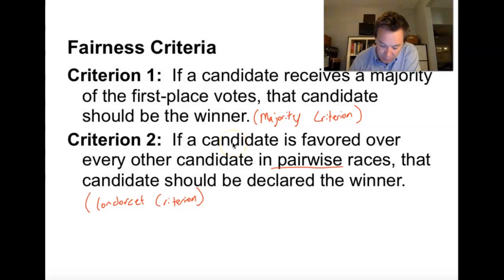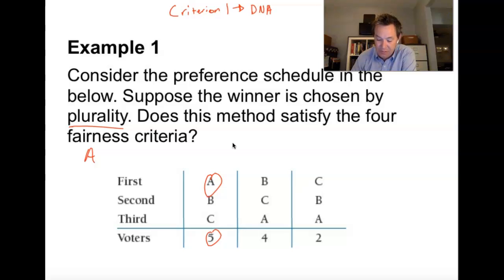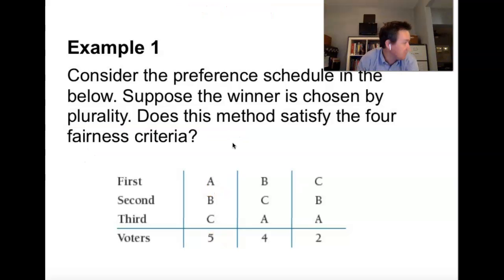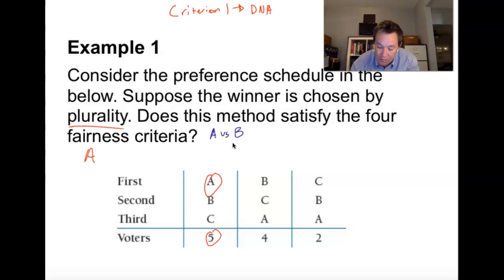All right, so we want to take a look at the pairwise comparisons of the 3 candidates. Let's start with A versus B. So remember, here we ignore C. In the first column, A would be the winner, because they're ranked higher than B, so A gets 5.